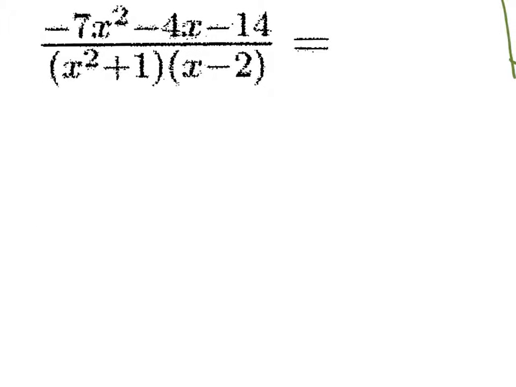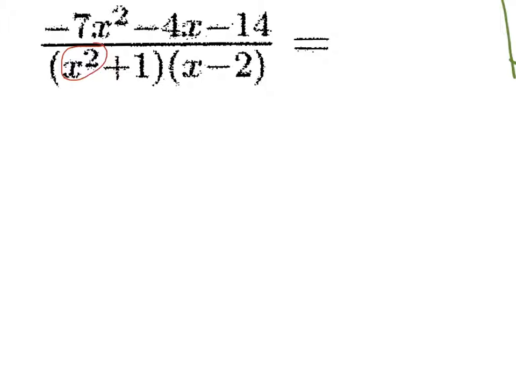Notice it's got an x squared in the denominator. So when the x in the denominator is quadratic, what you have to put in the numerator is linear. It's always got to be 1 degree less than the denominator.